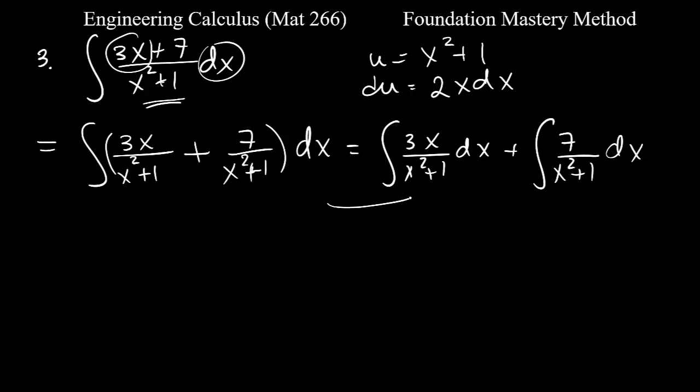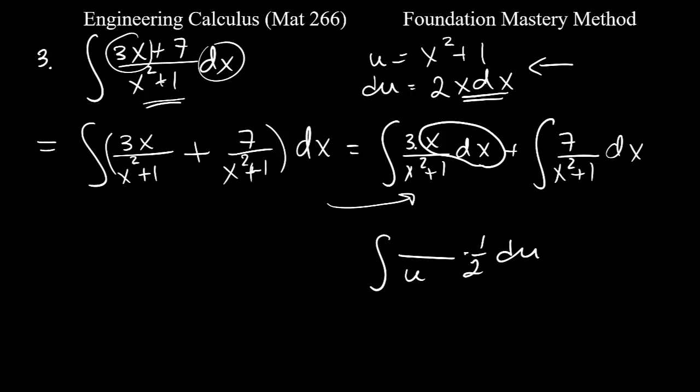Now to solve this first integral here, the u substitution that we originally did is helpful because now we can express the x squared plus 1 as u, leaving us with x dx, and x dx is 1/2 du, so we can replace the x dx with 1/2 du, and then we still have this factor of 3 in the numerator. The second integral is simply 7 times the arctangent of x plus a constant of integration.